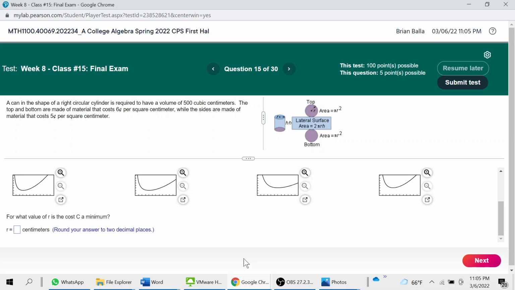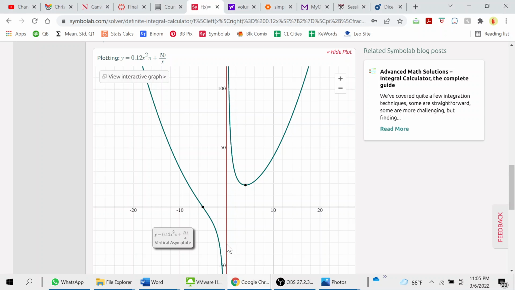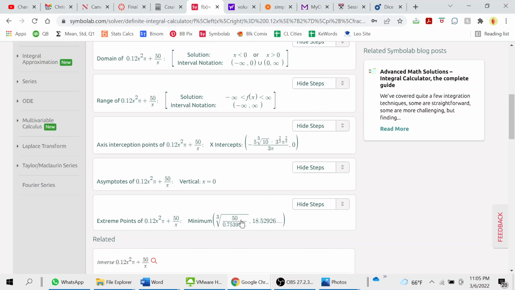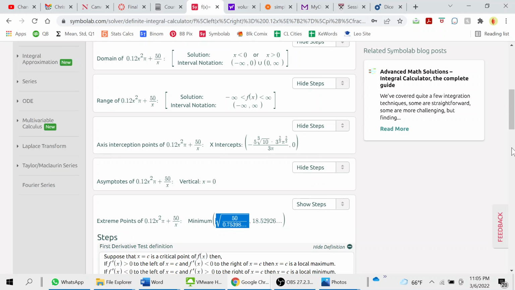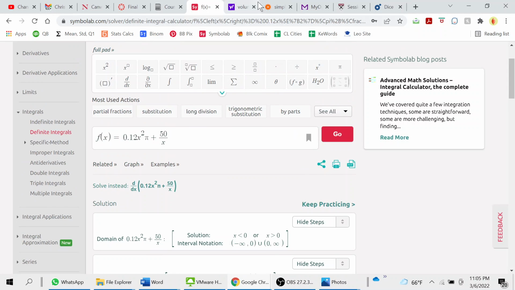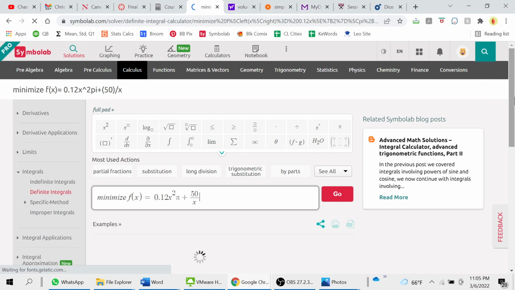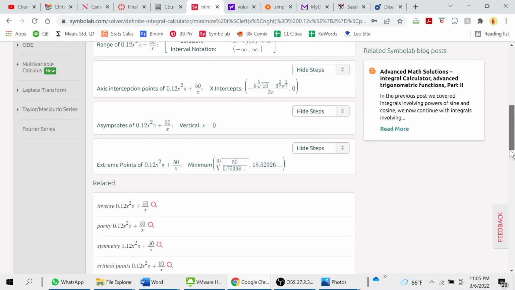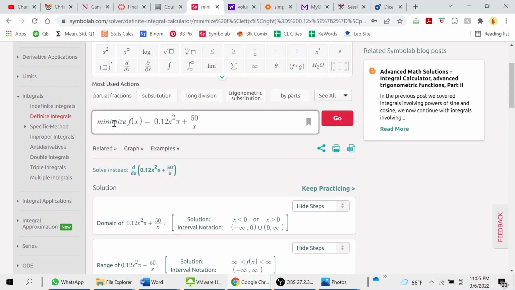For what value of R is C at a minimum? Okay, C here is a minimum. What value of R? Ooh, this complicated looking thing. Let's see, minimize. Okay, let's copy this.